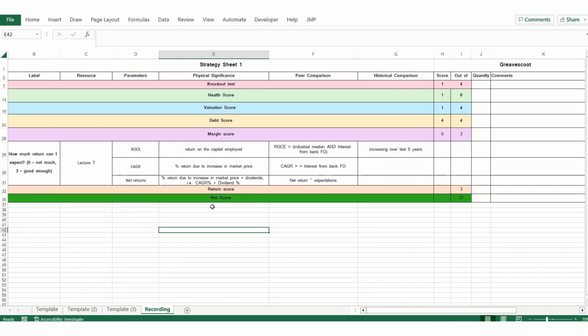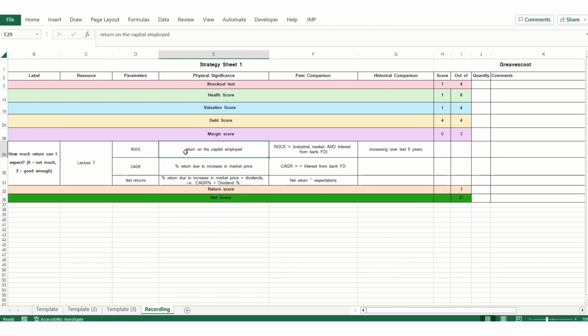Now the next question which we are going to ask is, how much return can I expect? This is the return which a shareholder gets, based on the CAGR and net returns, and your ROCE is the return which your company can get on the capital employed. Just to revise the concepts, if you really want to go in deep, go to lecture 7. It's hyperlinked, you can just click here.